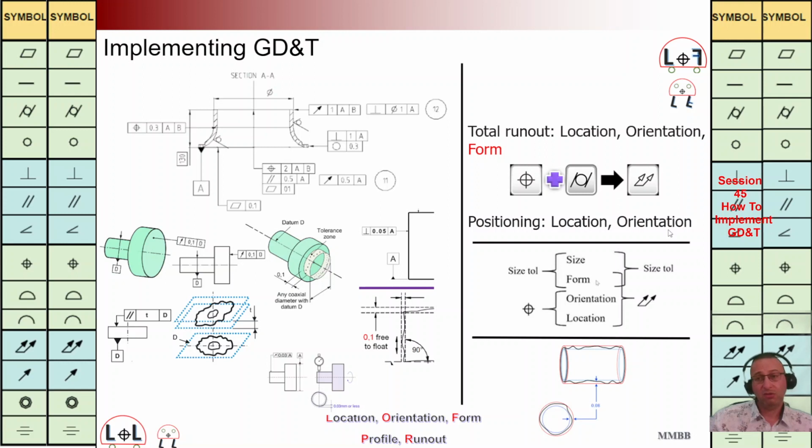But whenever we have total run out, we control location, orientation, and form. For the size, again, we control the size and form. And if the form is not that important, let us implement this positioning to control the orientation and location of this surface.